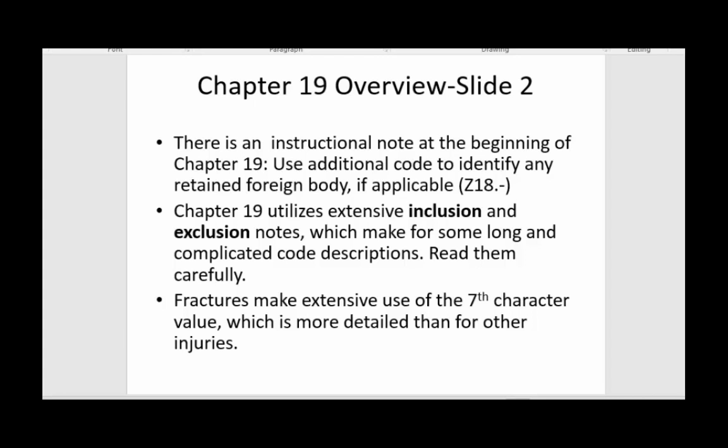So whatever the alphabetical index takes you to a code, for example S52.111, you are going to go to that code, but you're also going to look back at the S52 category to see the little pink box and what options you have there for 7th character. You know in an injury code you're going to be using that 7th character. So it's important that you only use the options that are available to that specific code.